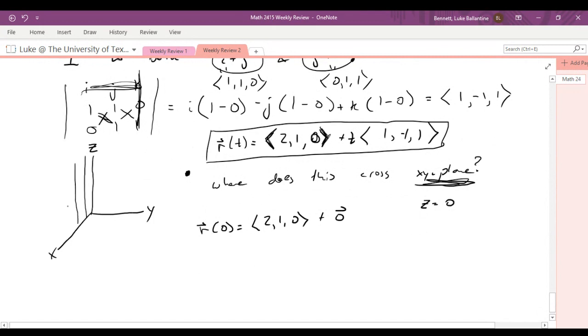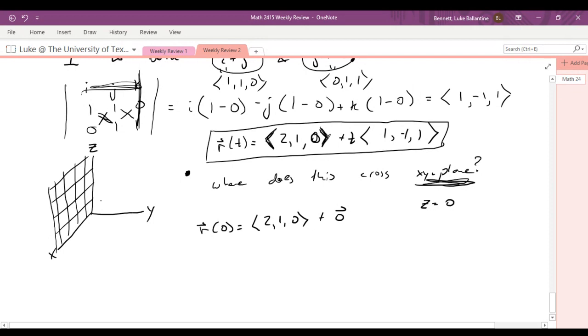This is the xz plane. So what's so special about the xz plane? What is y doing when we're on the xz plane? Well, y is 0 on the xz plane.